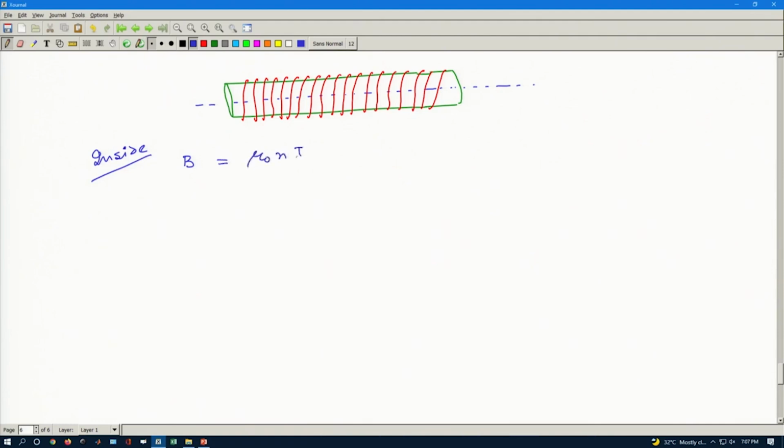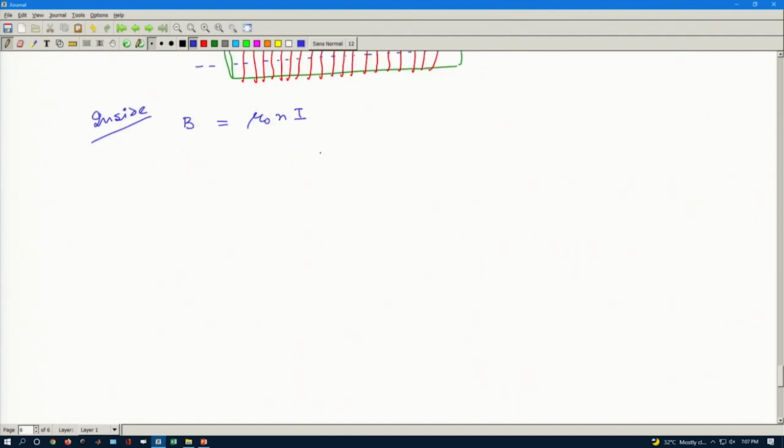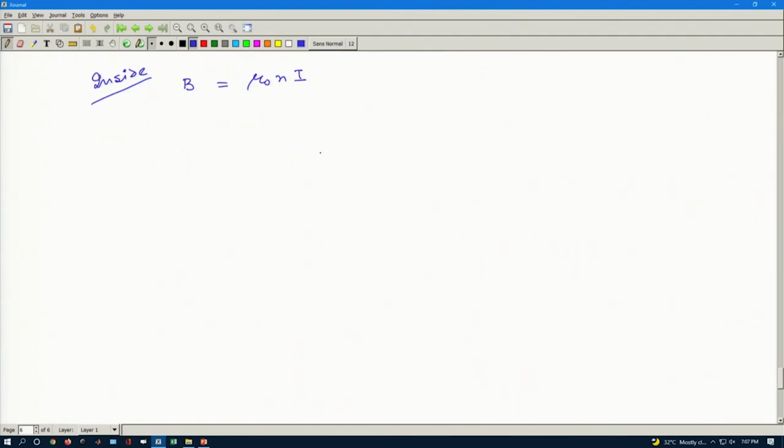We calculated this earlier, right? And also we just learned one thing, that the integral of A dot dl is equal to the integration of B dot ds, right, the flux.